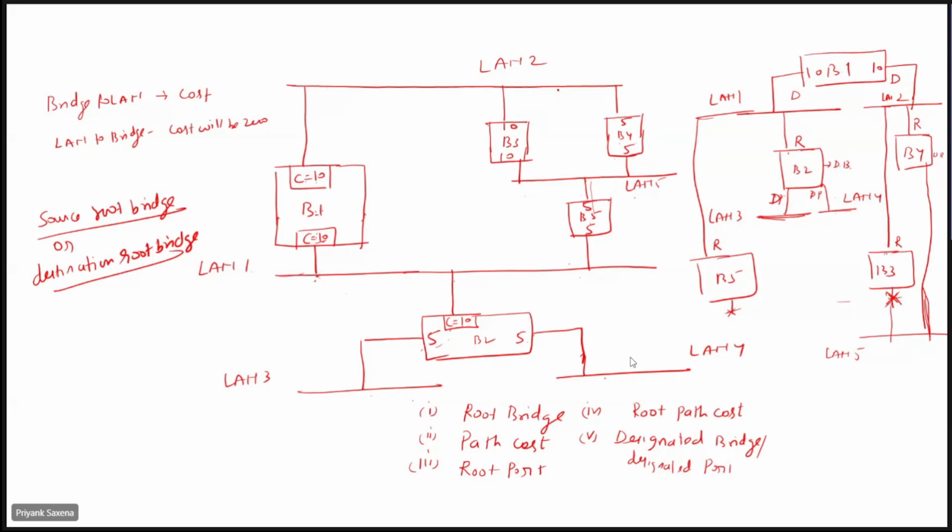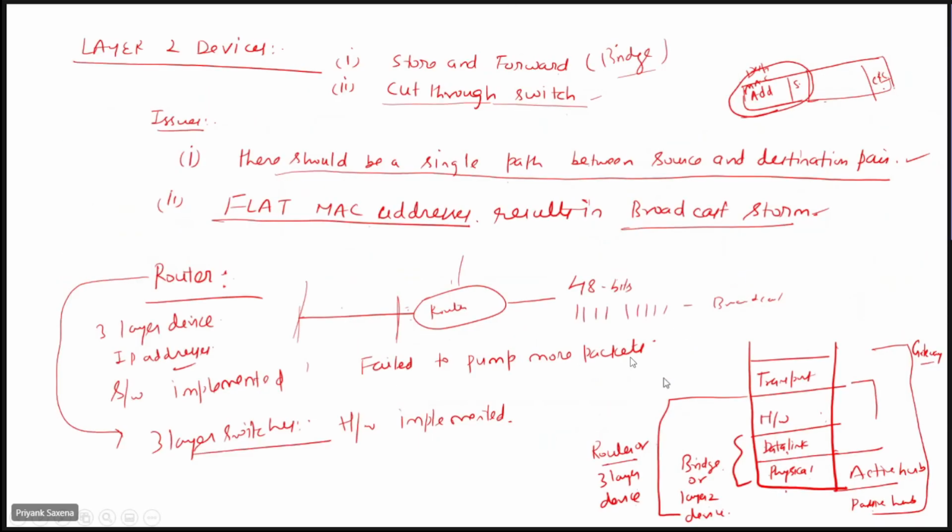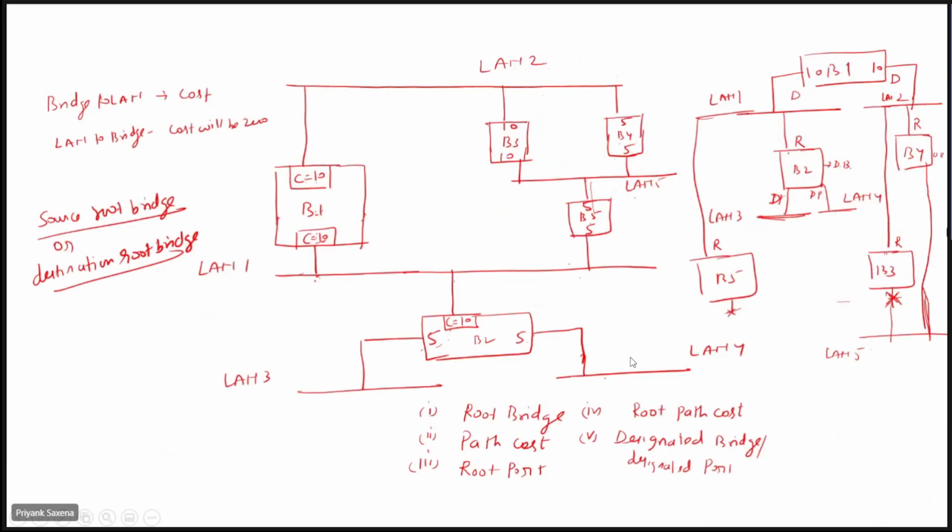Suppose this is the architecture. This is our network topology given to you. You can see here a closed loop exists. From here you can go back to here, and back to here.